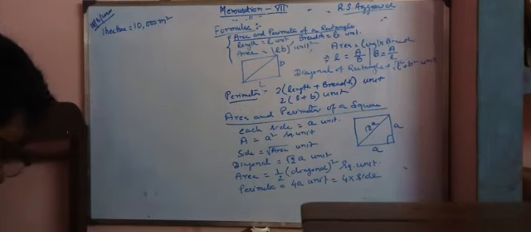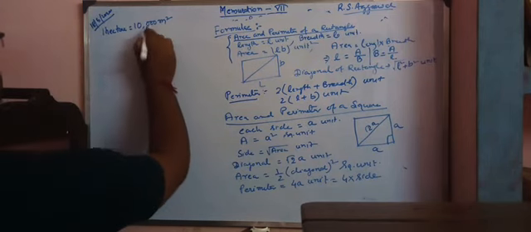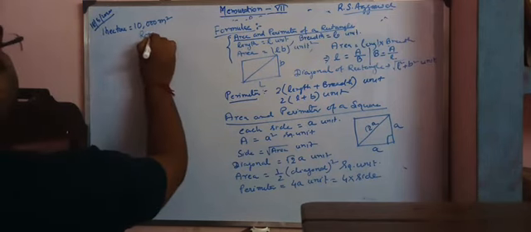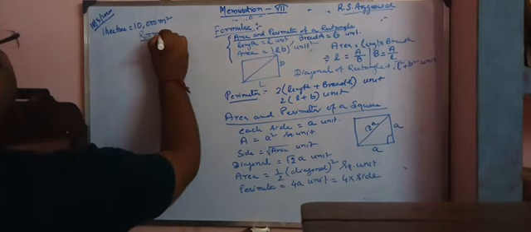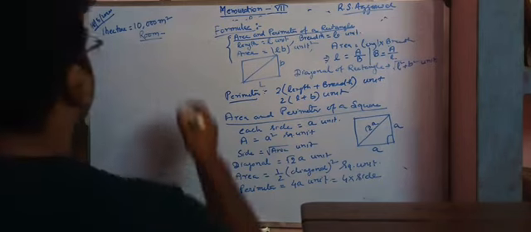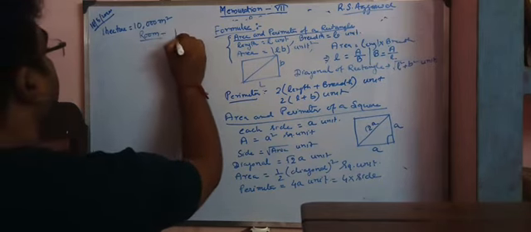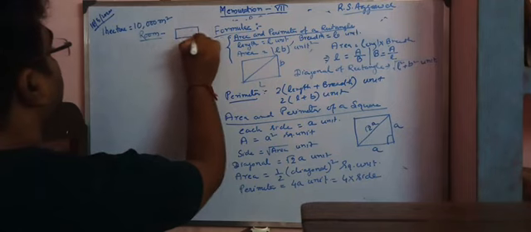Next, come to the area of the four walls of a room. Considering a room to be a cuboid shape, which you have already read about, like a matchbox.